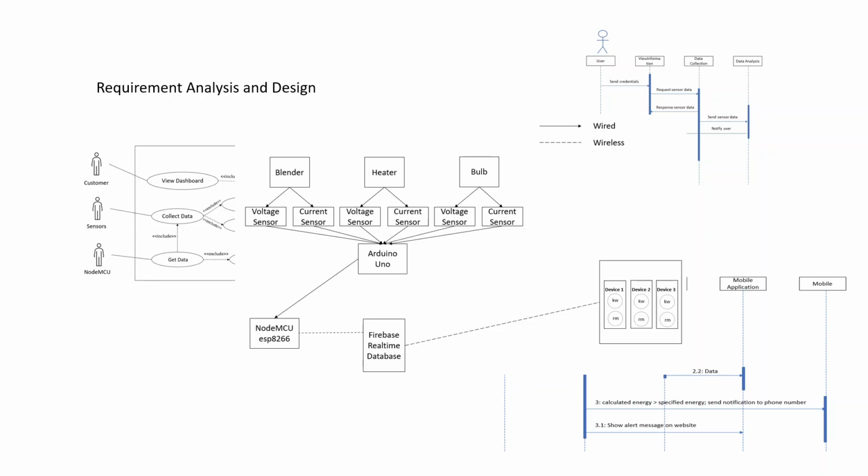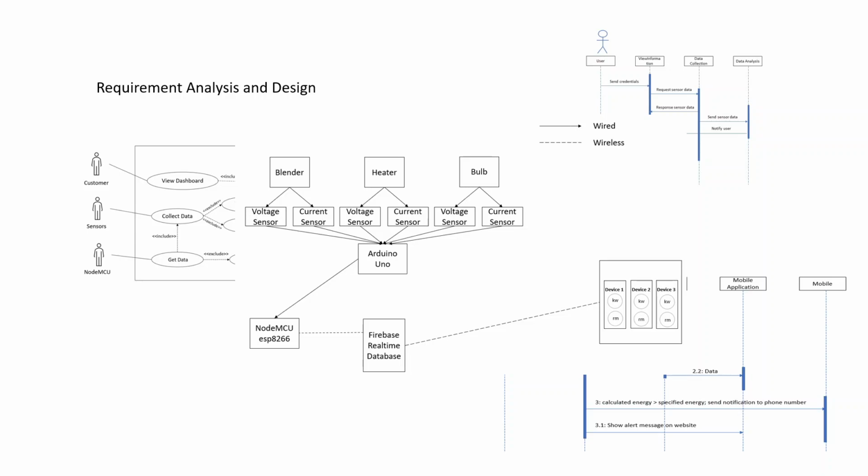The main one is the whole system architecture, where three devices are connected to their corresponding voltage sensor and current sensor, and these sensors are connected to an Arduino Uno. As we know, the Arduino Uno has four analog pins, so I can use up to four devices. Here I am using three, which is enough.